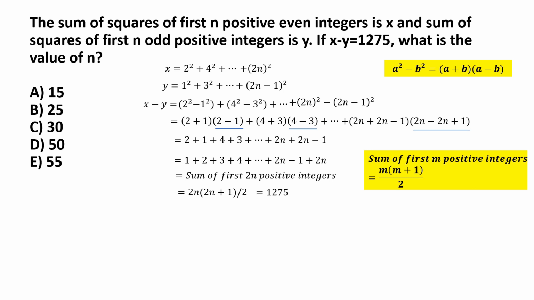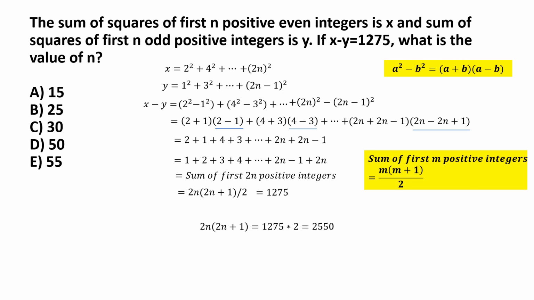And this is what's given as 1275. So we can write 2n multiplied by 2n plus 1 is equal to 1275 multiplied by 2, and this is equal to 2550.